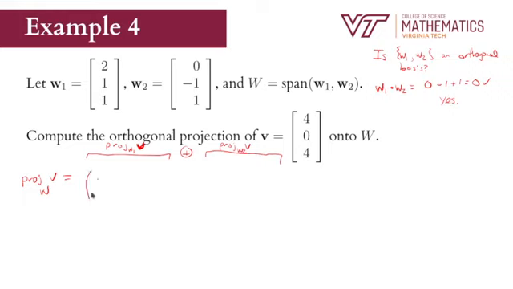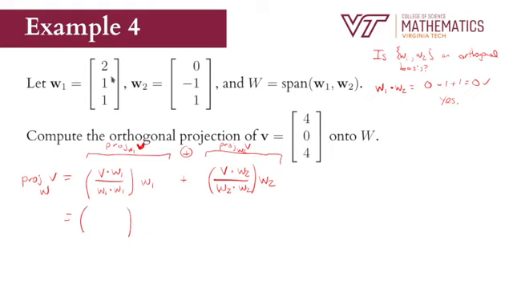So this is V dot W1 over W1 dot W1 times W1 plus V dot W2 over W2 dot W2 times W2. So we just have to project onto both basis vectors and add the totals together. All right.